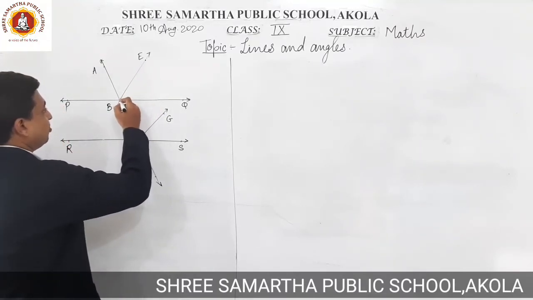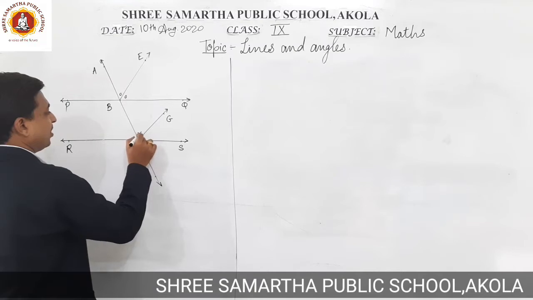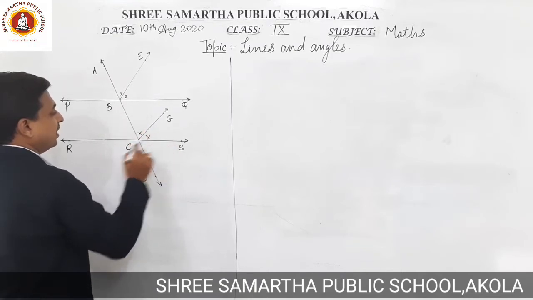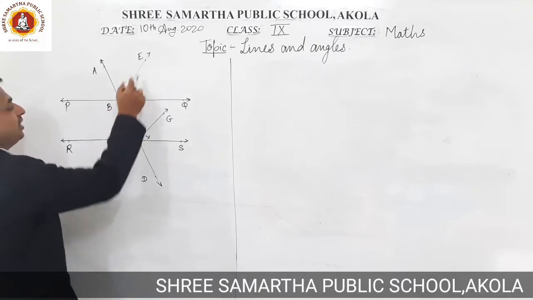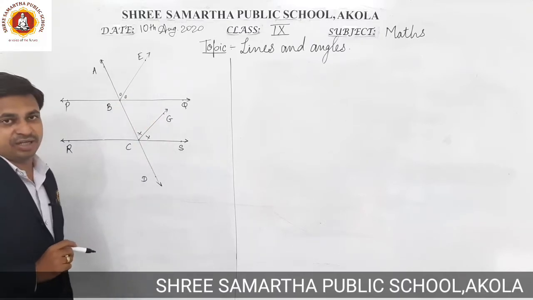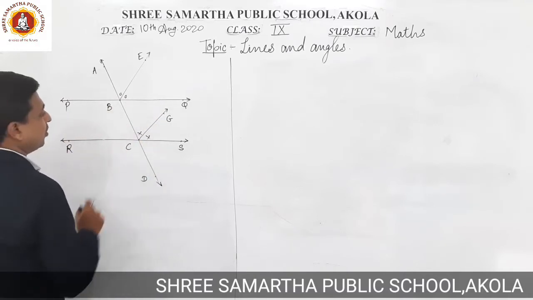See, this BE is the bisector of angle ABQ and this CG is the bisector of angle BCS. Now this BE is parallel to CG, this is given. We have to prove that PQ is parallel to RS.